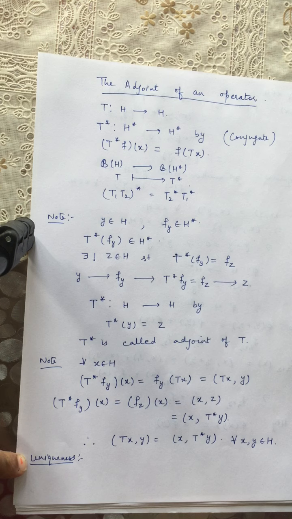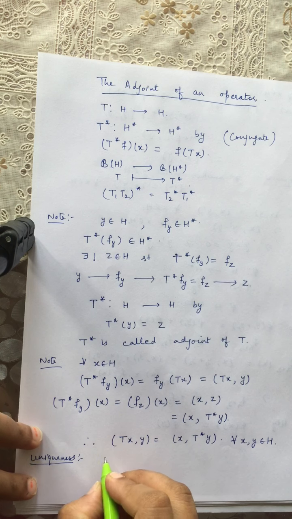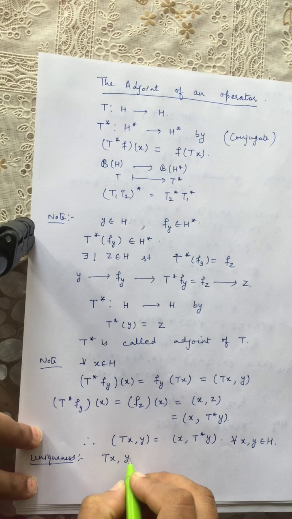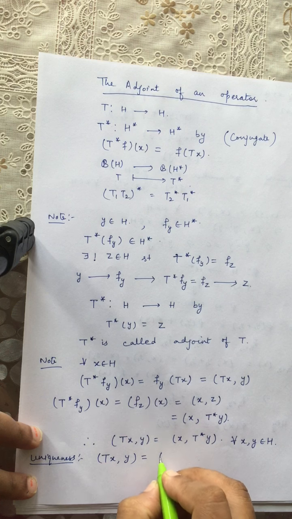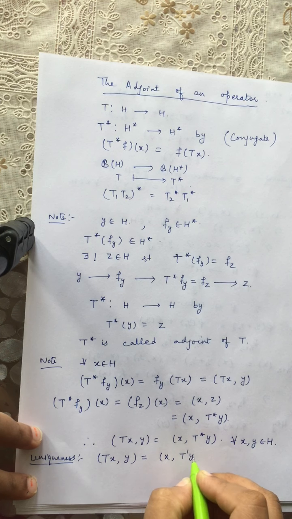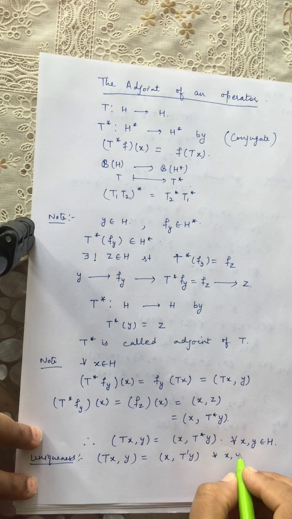So let us say T dash is another mapping which we can say is an adjoint of T. So if T dash is another adjoint of T, then ⟨Tx, y⟩ will be equal to ⟨x, T dash y⟩ for all x and y.